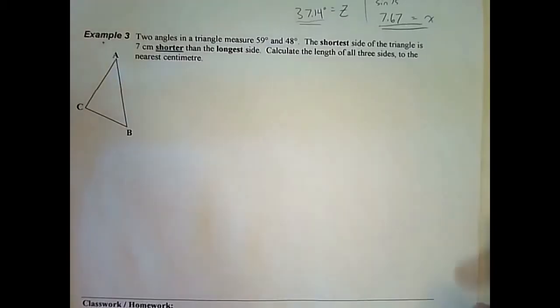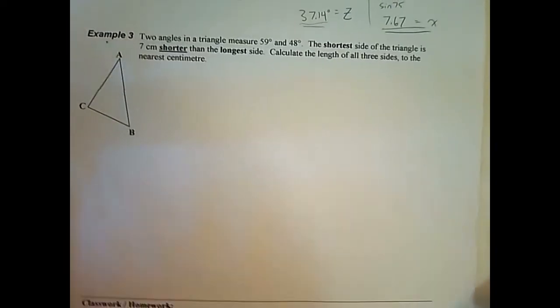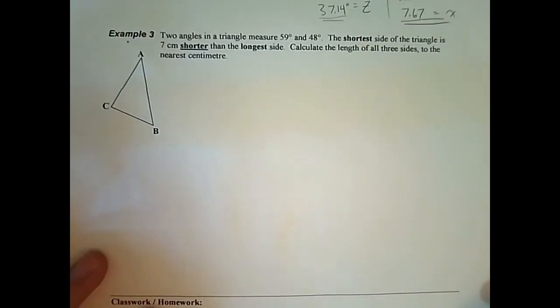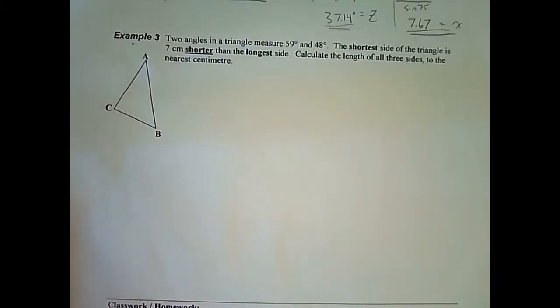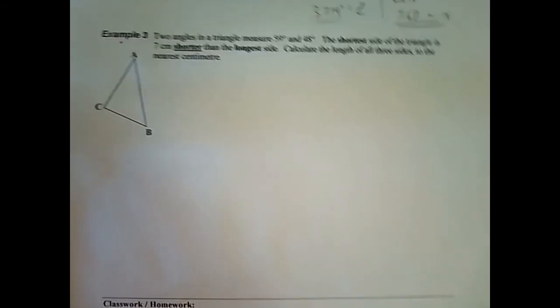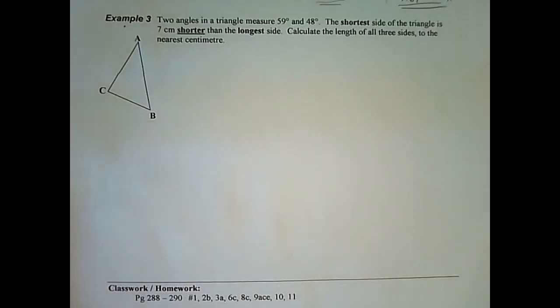And of course I left a good word problem at the very end here. So we just have to read the question carefully and double check what they're asking, but there is a lot of algebra in here. But we're going to go over all of it, and again, if you need to pause the video, if you want some extra help with it, please let me know and we can go over it. So it says two angles in a triangle measure 59 degrees and 48 degrees.